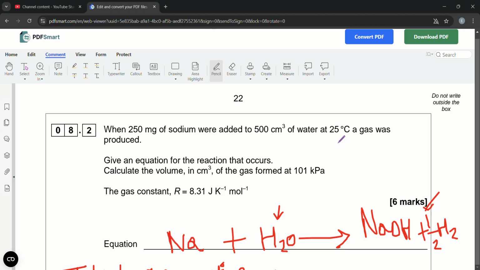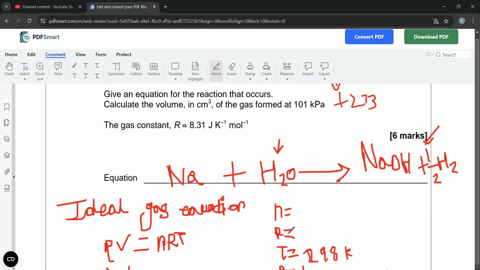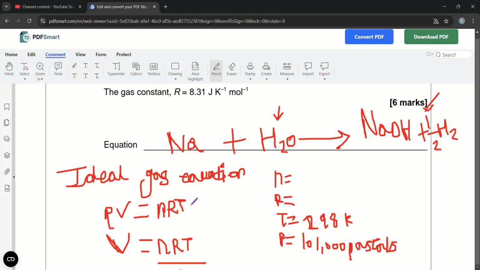What we're going to do is add 273, and we're going to get 298 Kelvin. Do we have R? Yeah, R is the gas constant. It's always 8.31, but it's given in the question as well.